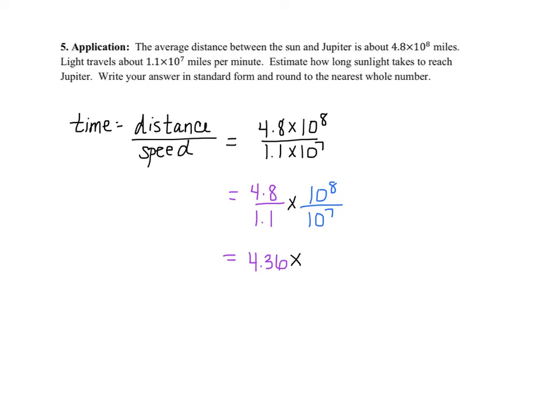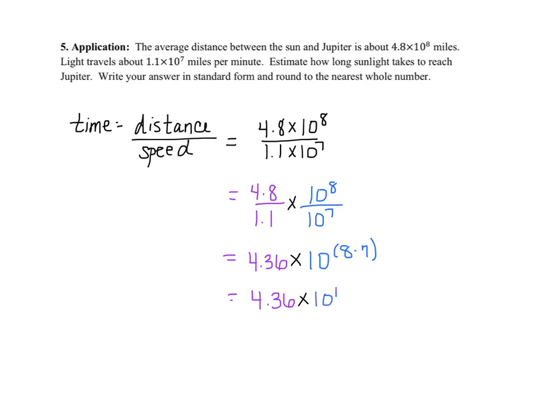And then you're going to times that by, remember you want to subtract your exponents. So 8 minus 7, which is going to give us 1. So we have 4.36 times 10 to the first power.